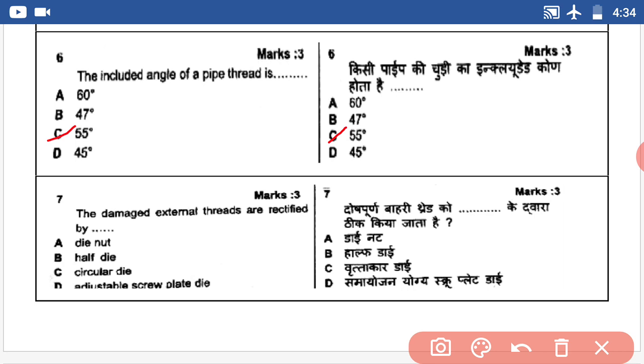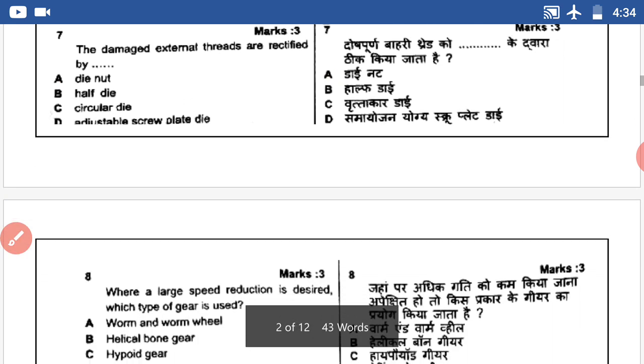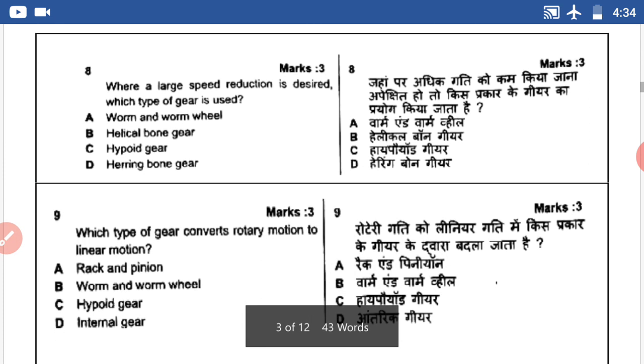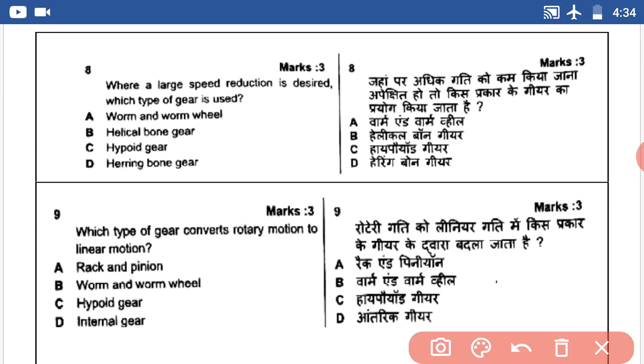Answer A. Question number 8. Where a large speed reduction is desired, which type of gear is used? This question's answer: worm and worm wheel. Answer A.